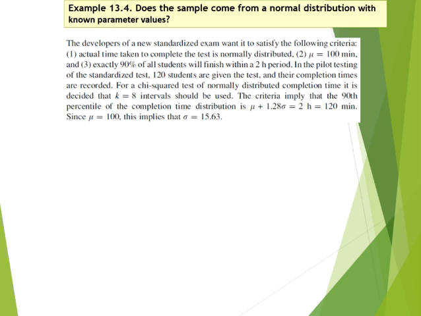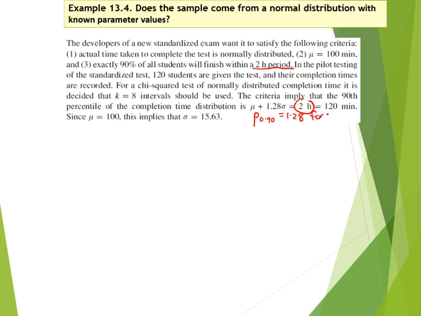The criteria imply that the 90th percentile of the completion time distribution is 120 minutes. That's 2 hours. They've given that. But remember, the 90th percentile of the standard normal Z distribution is 1.28.